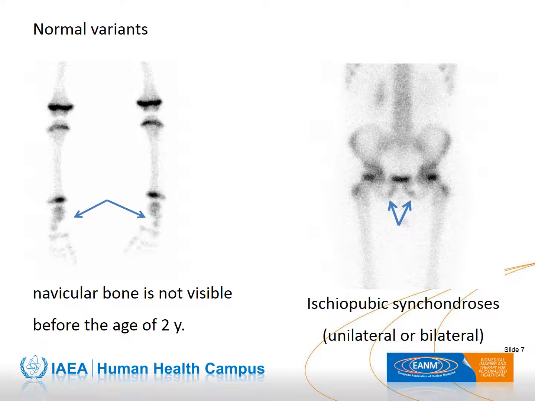They must not be confused with fractures or infection. A very interesting atlas of the developing skeleton has been published by the IAEA and is available free of charge. You can find its references at the end of this course.